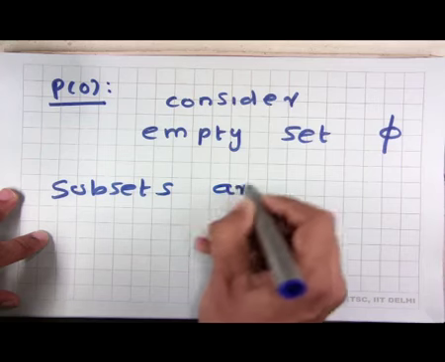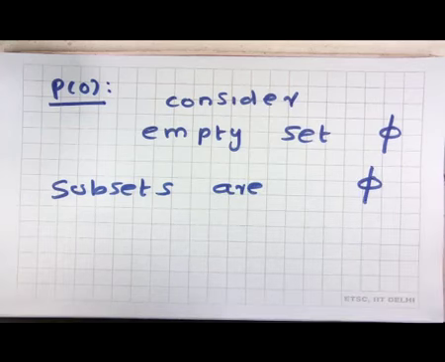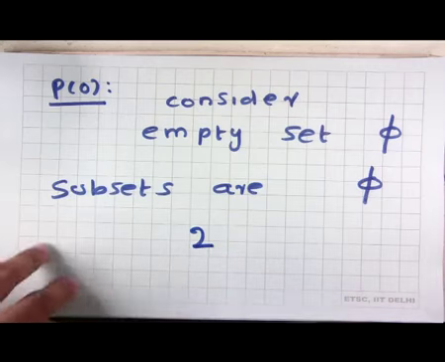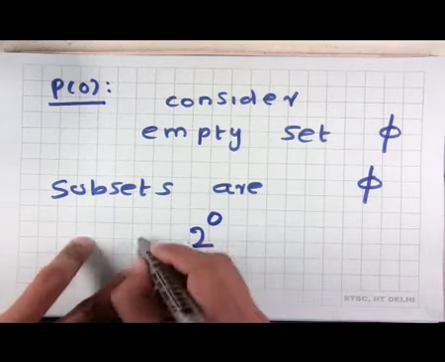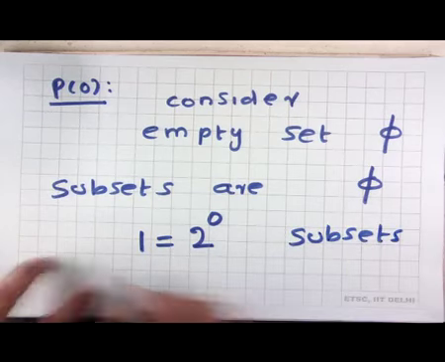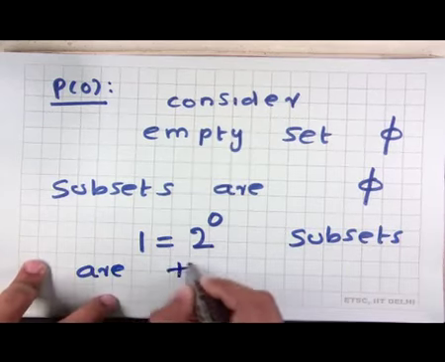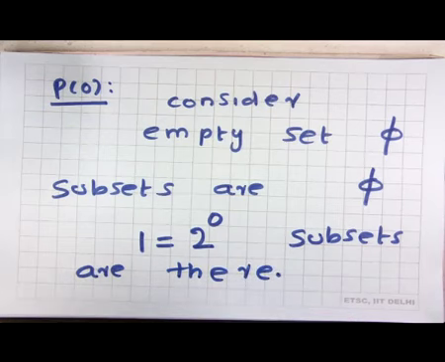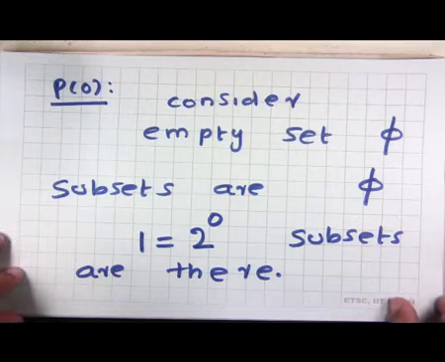Only one subset is there, namely the empty set. So, there is one subset, equal to 2 power 0 subsets. Thus, a set with 0 elements has 2 power 0 subsets in number.